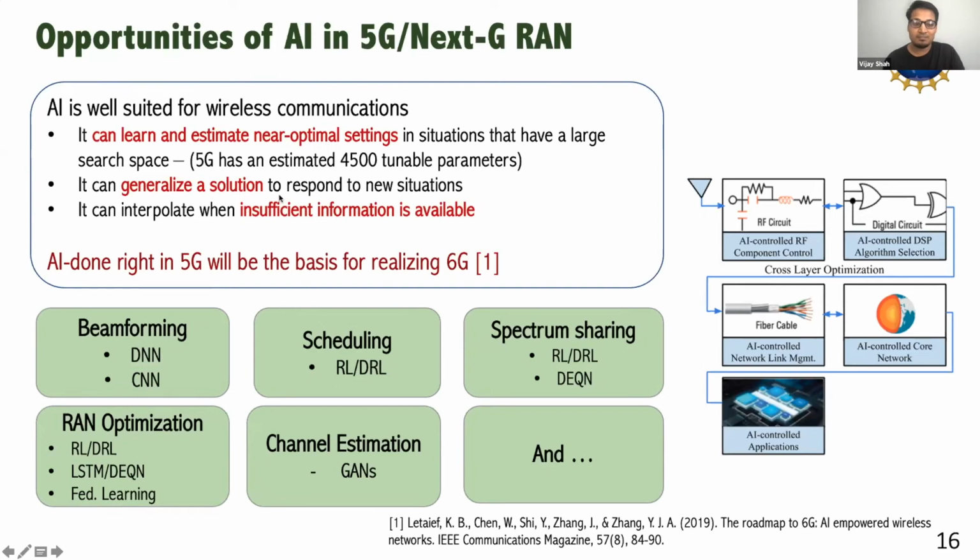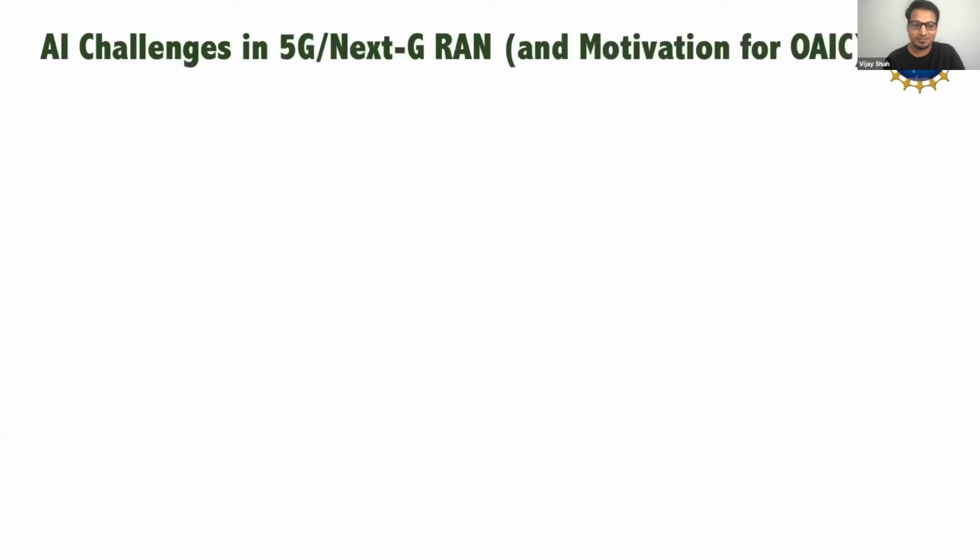Then also you can generalize a solution which can respond to new situations. And if you go after model-driven approaches, obviously that is not something you can do, and so on. So now there is a general understanding in the community that if we do the AI right, it probably could be the basis for realizing 6G.